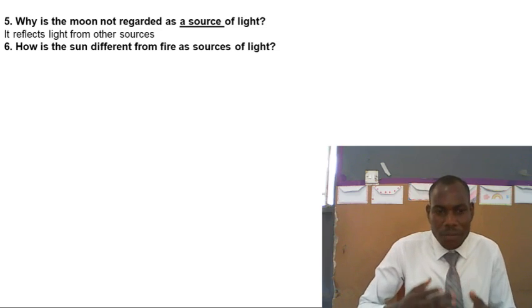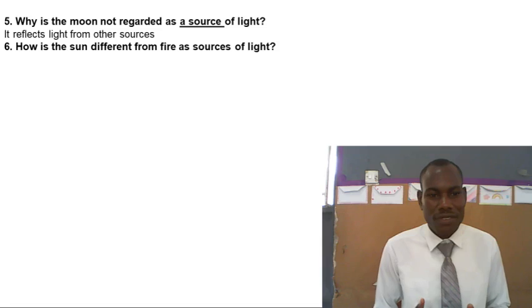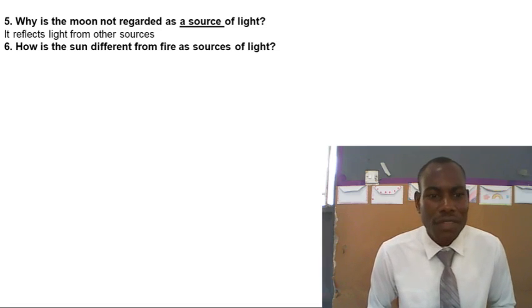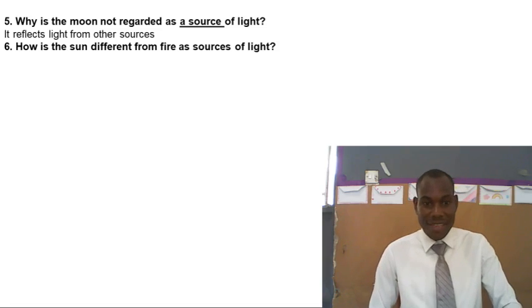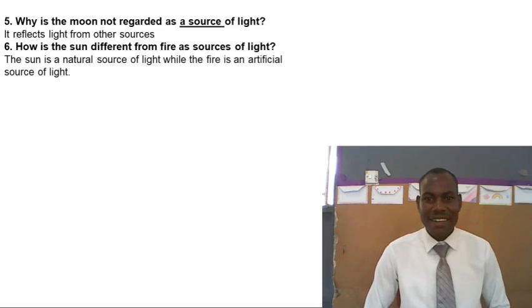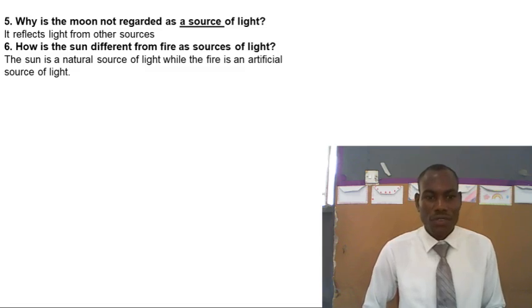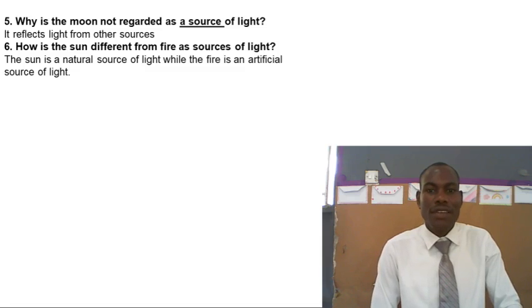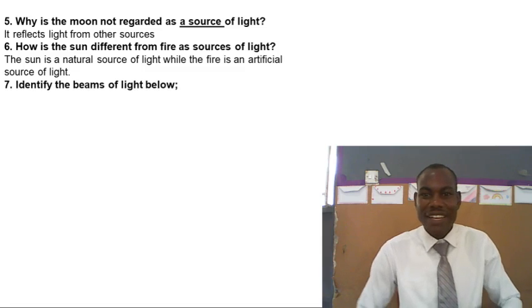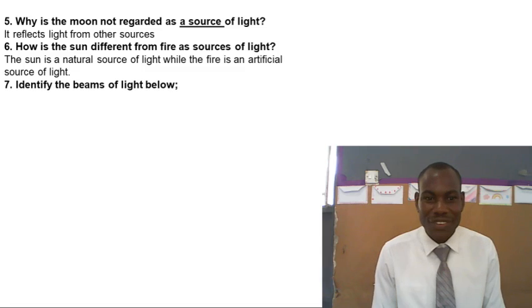From there we shall be able to build our difference. We shall say that the sun is a natural source of light, while fire is an artificial source of light. Now, let us look at the next question, number 7.